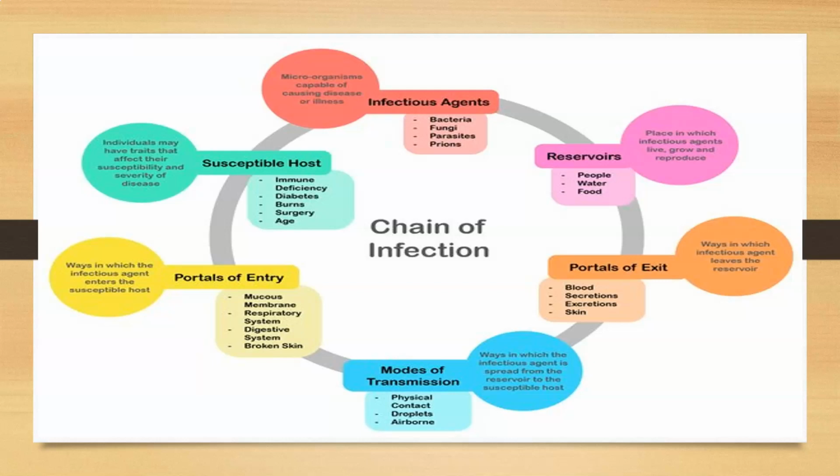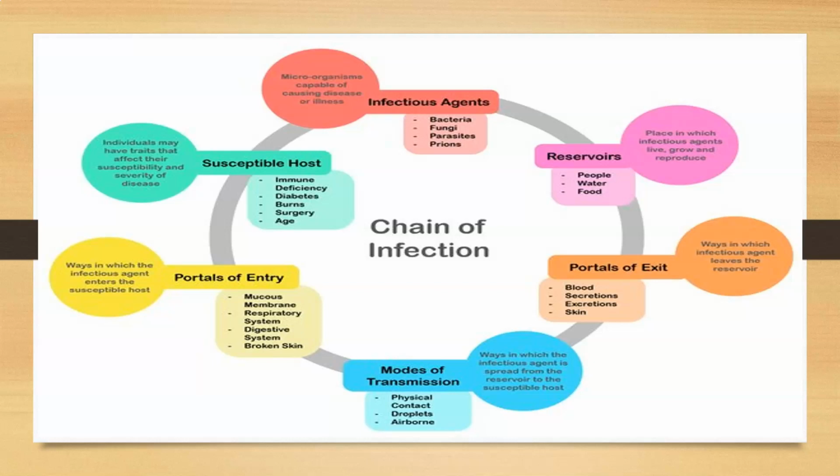The modes of transmission are the ways in which the infectious agent is spread from the reservoir to the susceptible host, which could happen through physical contact, droplets, or it could be airborne. The portals of entry are the ways in which the infectious agent enters the susceptible host: through mucous membrane, respiratory system, digestive system, or through broken skin.